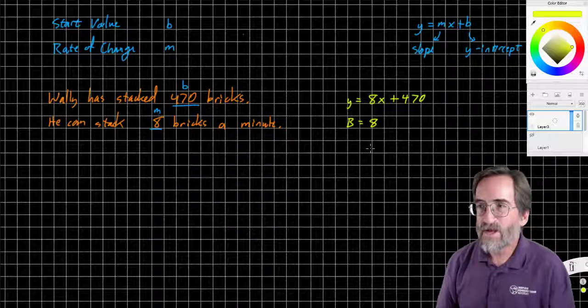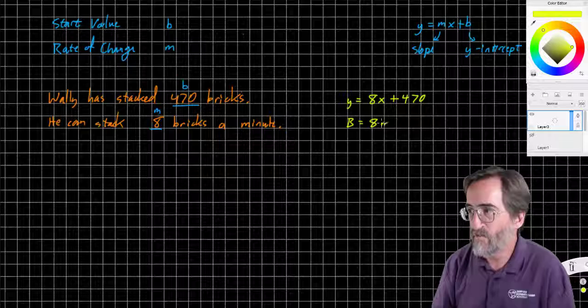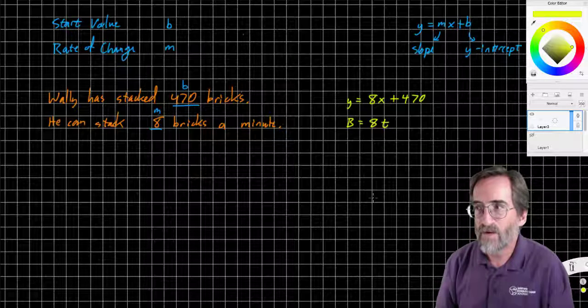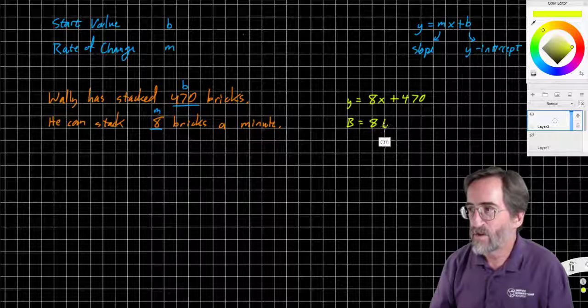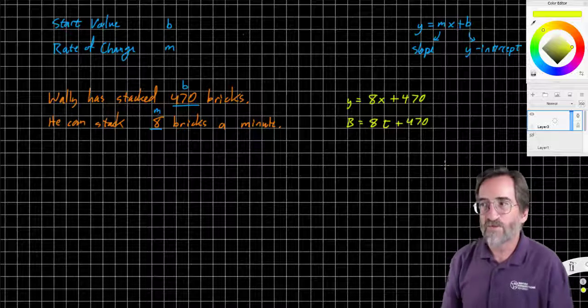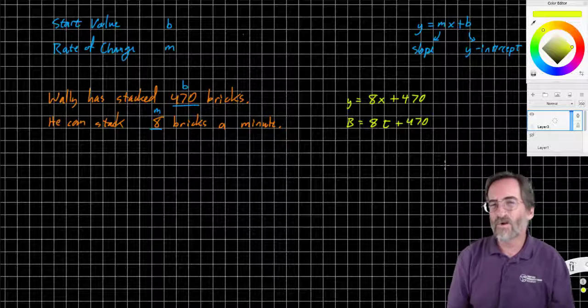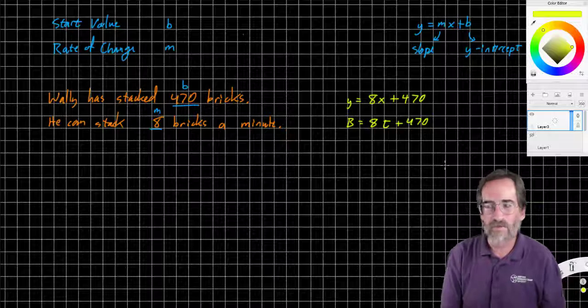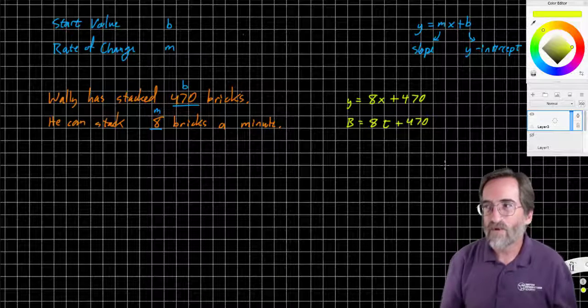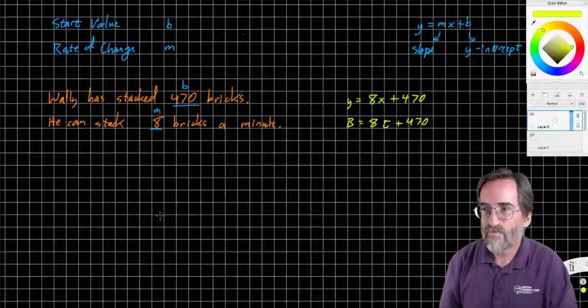And instead of x, which is the number of minutes he takes, another common one is t for time, so I'm going to use t for time plus 470. M would also make sense, but I kind of want to avoid m because people get that confused with slope.